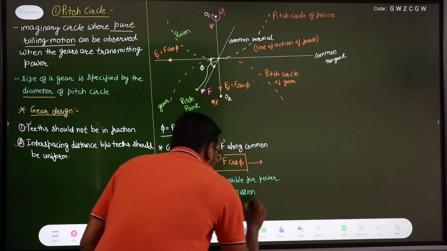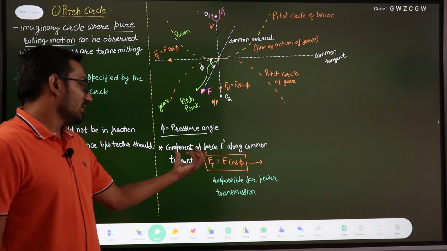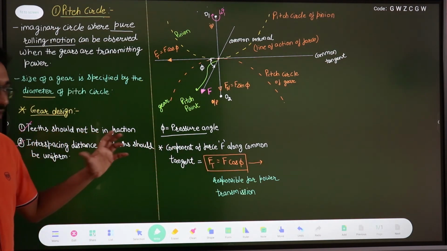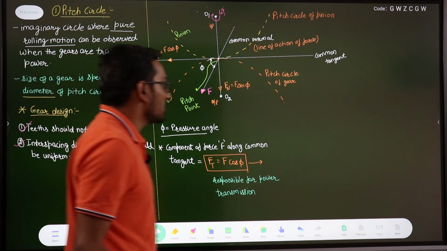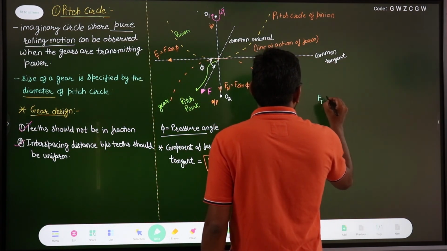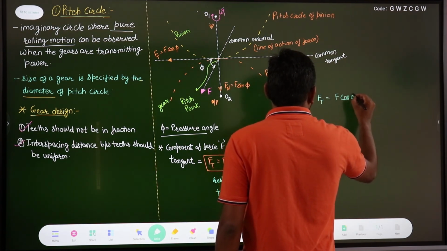We always want this force transmitted, Ft, to be as high as possible. The transmitted or tangential force is equal to F cos phi.